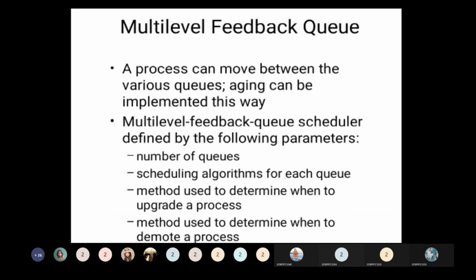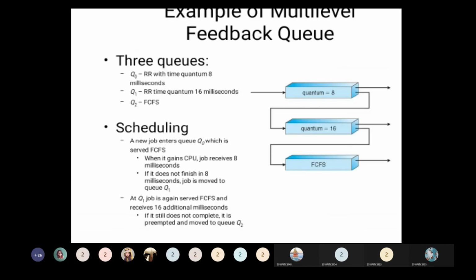Example, you have three queues, Q0, Q1 and Q2. Q0 is following RR scheduling with time quantum 8 milliseconds. Q1 is following RR scheduling with 16 milliseconds. Q2 is following FCFS. So here Q0 and Q1 are the foreground queues.